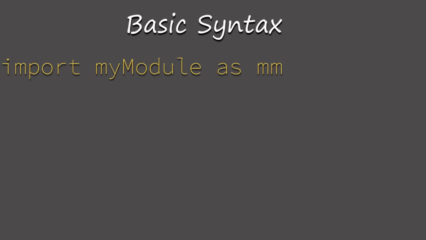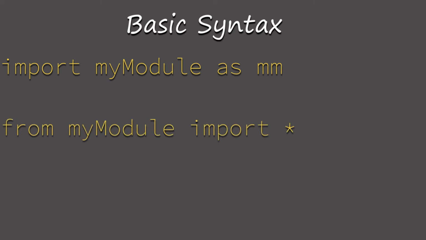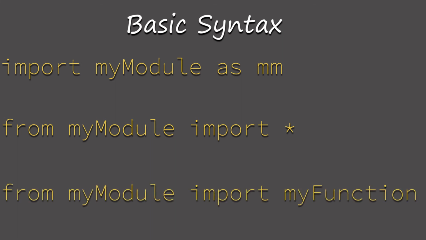Now let's continue to modules. Imagine a situation in which you have written in the past several functions and you want to use all those functions in your current script. One possible way is to copy all the code that defines those functions into your current script and reuse it.